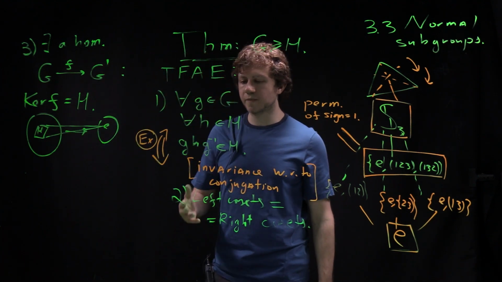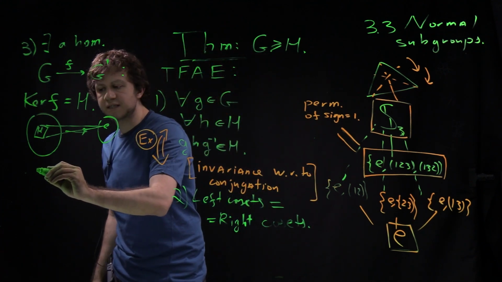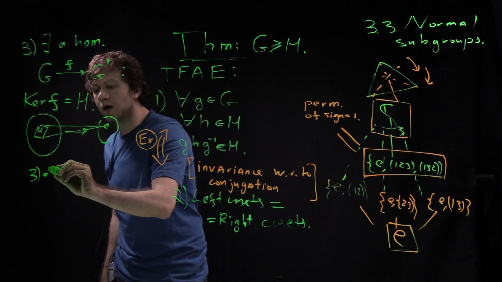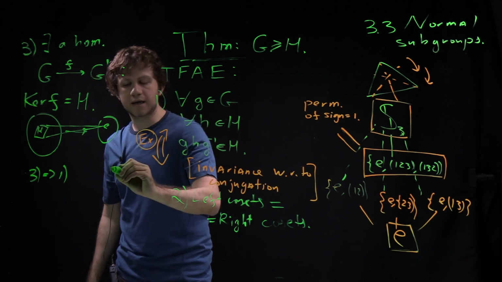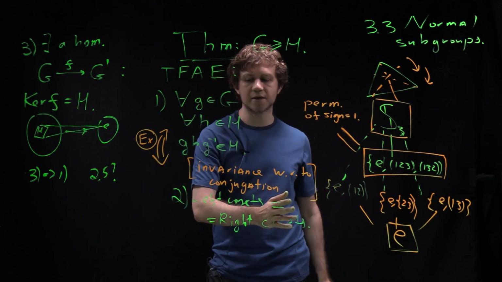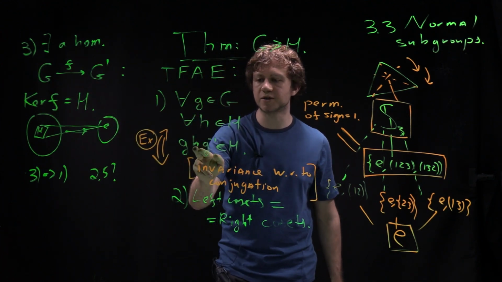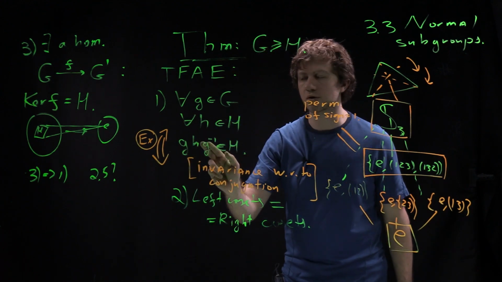And so what we have already seen is that 3 implies 1. This was, I guess, in lecture 2.5 maybe. We discussed it, and the proof was really simple. Take a homomorphism, and if h is in the kernel, you want to show that g h g inverse is in the kernel.